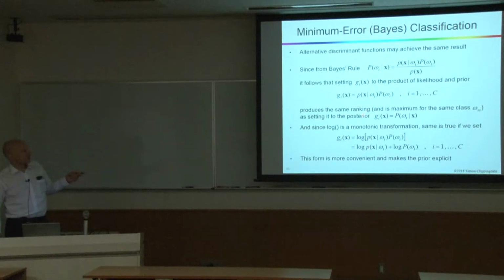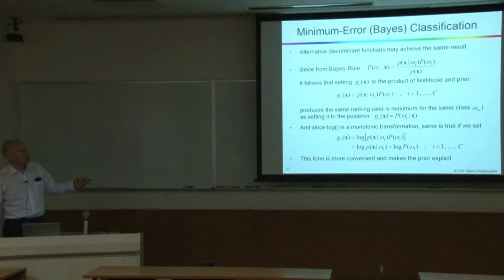We can also take the log of this, since log is a monotonic function. It doesn't go like this. It's a monotonic function, so you can take the log and still the order won't change. So we can take the log of this product up here, which is the log of this thing plus the log of this thing here. Now this thing is the prior probability of each class.